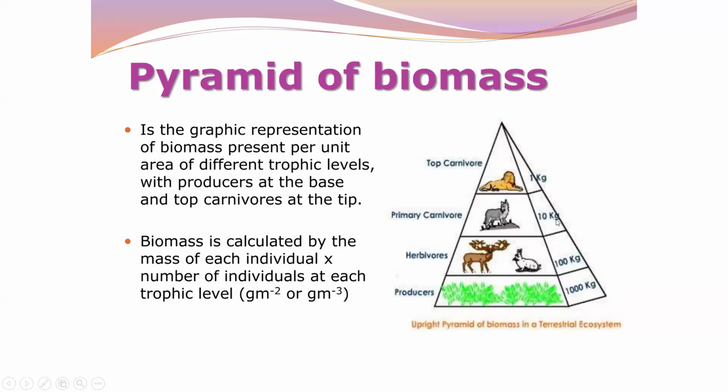Primary carnivores are 10 kg, and top carnivores are less when compared to the primary carnivores. Like that, the biomass is upright in the terrestrial ecosystem. Biomass is nothing but the weight of the individuals; the dry or wet weight of the organisms is taken into consideration.